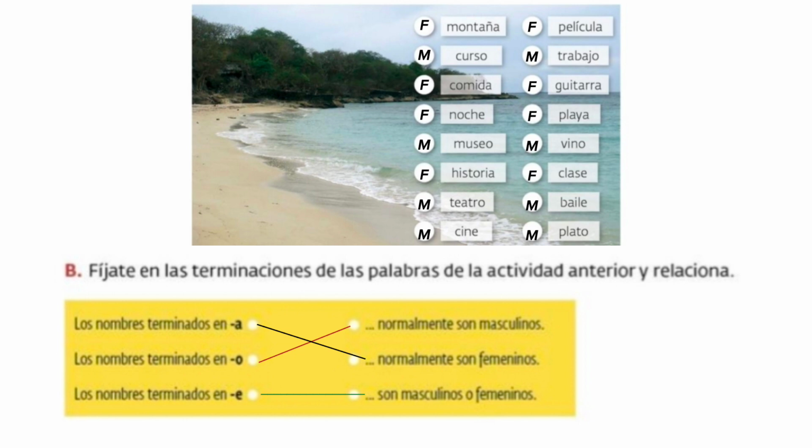As we can see, it's la noche, so it's feminine. But if we come to cine, it's el cine, so it's masculine. So we have both of these possibilities if the word is ending with E. Alright, so these were the exercises by which we practiced a lot of skills.